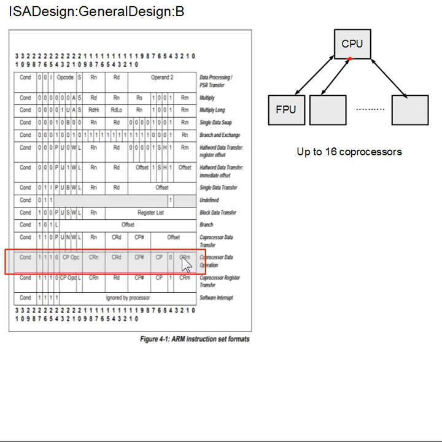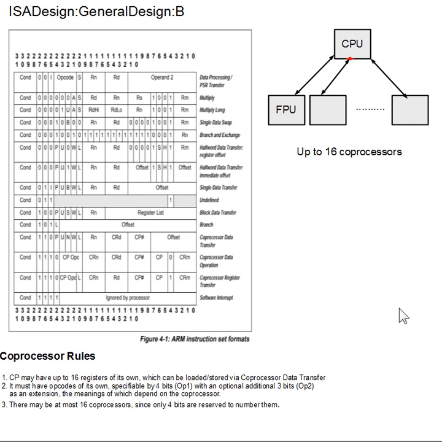These instruction formats are meant to work with a variety of different coprocessor types, not just FPUs. The only requirements for a coprocessor are, first, it may have up to 16 registers of its own, which can be loaded and stored via coprocessor data transfer.